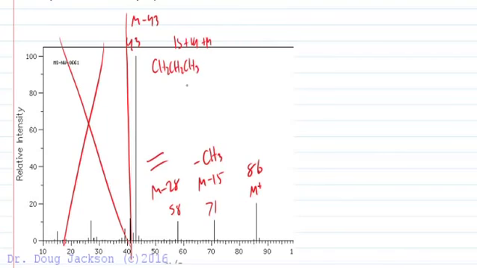So 28 and 15 would give us 43, so that could be loss of a propyl group right there. So we can venture a guess as to what we're missing.